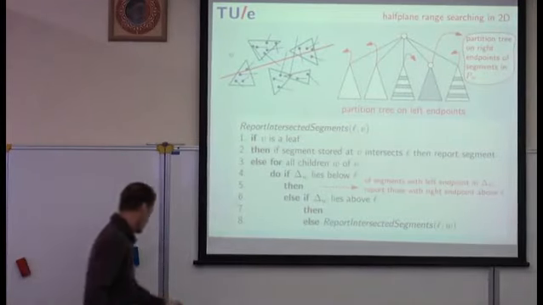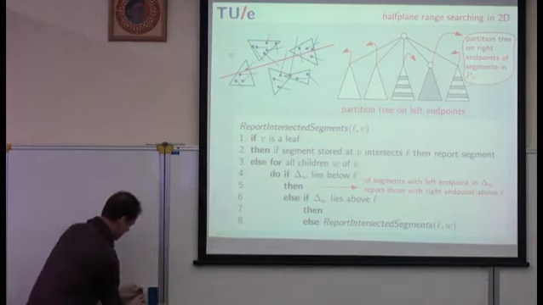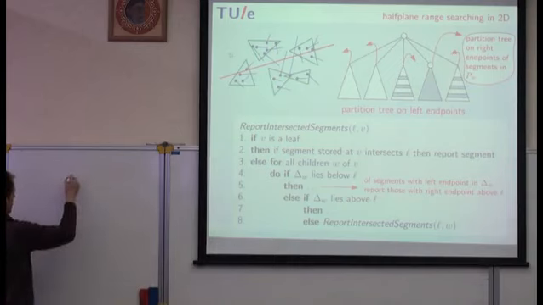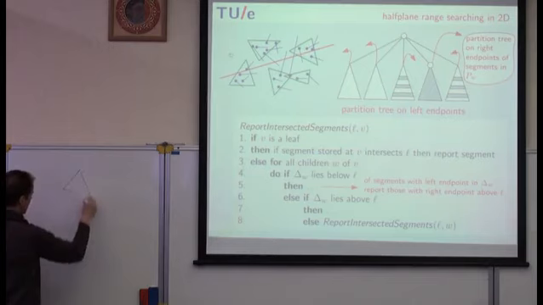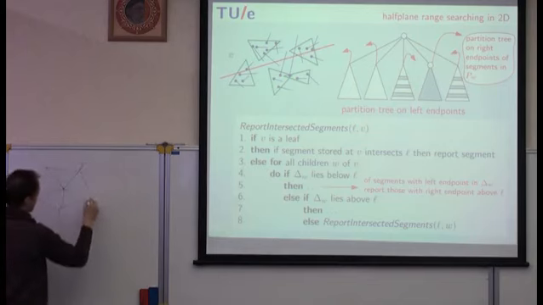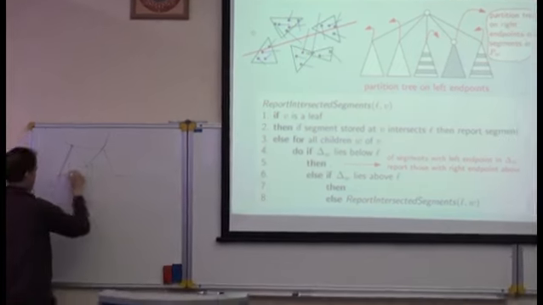I hope you remember that for the cutting trees it worked in the same way. So here, suppose I have, in my cutting, a collection of triangles, and let's look at this triangle.